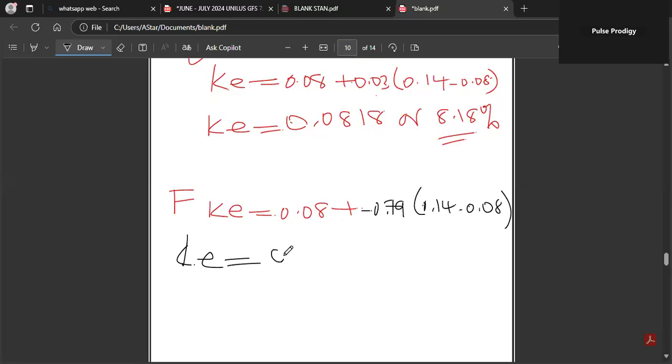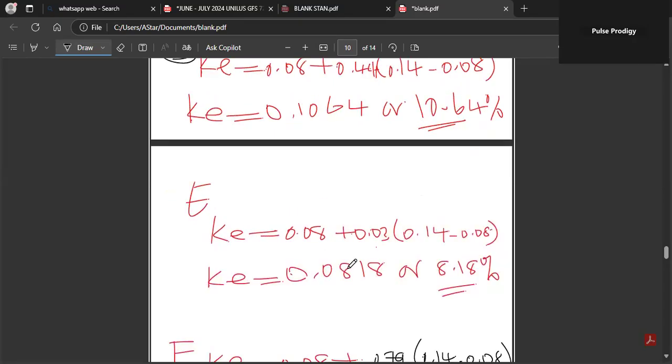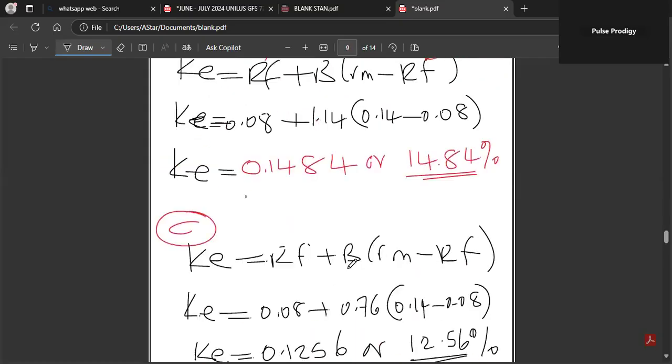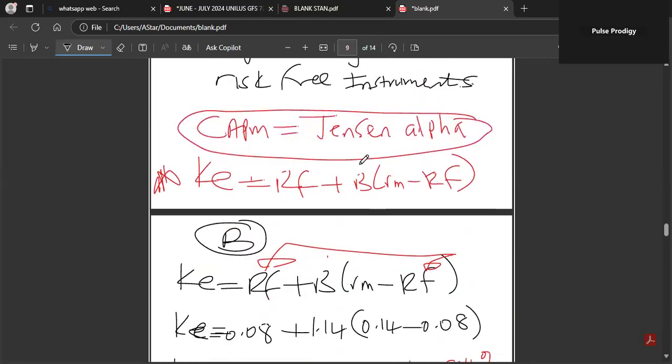Okay, so this is giving us 0.0326 or, multiplied by 100, it's giving us 3.26 percent. So this is what I wanted to cover with you in this class. In this class, we have looked at the Jensen's alpha.